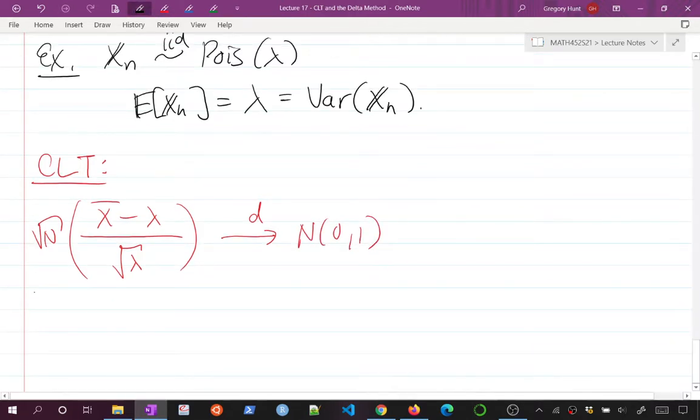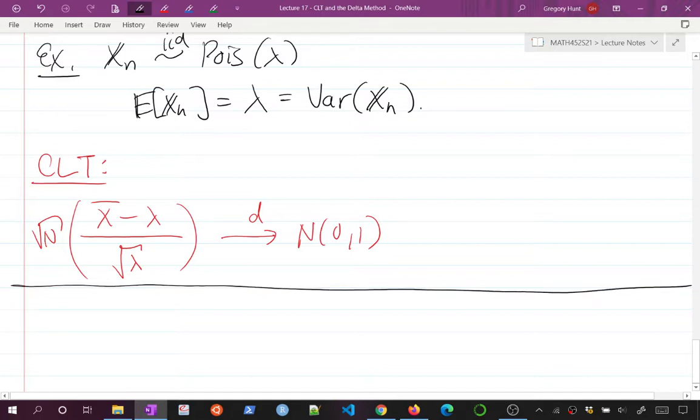So this is all setting us up for hypothesis testing or confidence intervals, because you can imagine the same way I was able to form basically an approximate or a large sample confidence interval for p hat in the intro stats example, you could do the same thing for a Poisson. I want a confidence interval for lambda hat, for x bar.